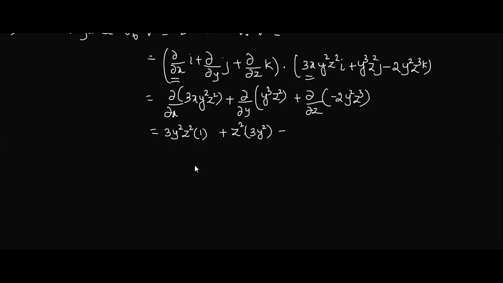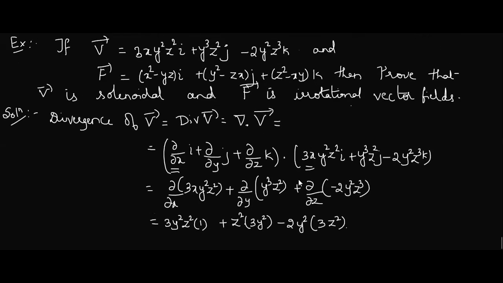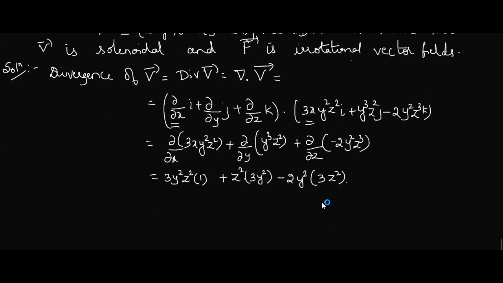Similarly, here this is minus, so obviously this minus will come out. Along with minus, 2 and y square will come out. Remaining z cube with respect to z, what is the derivative? 3z square. What should we get?